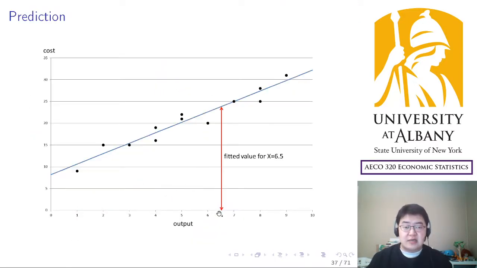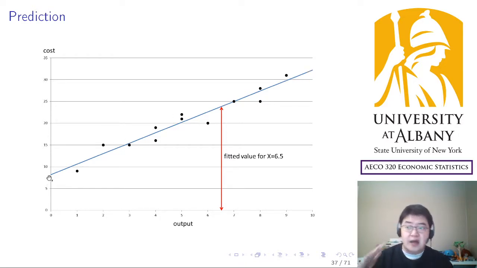So this is exactly what I did. Same graph, and after you draw the trend line, then you can predict a point. At any point of X, you can find its predicted value. Say 2.5, then this is the expected value, and at 4.5 this point, and at 10 this point, right?